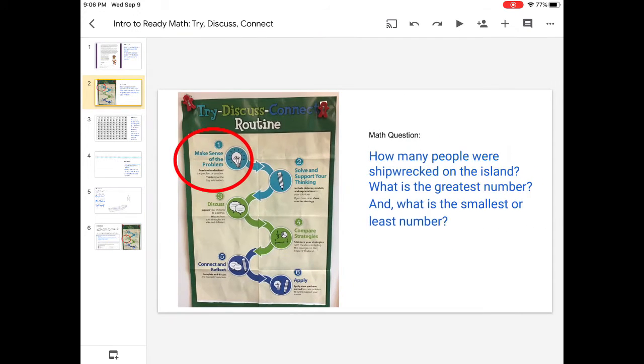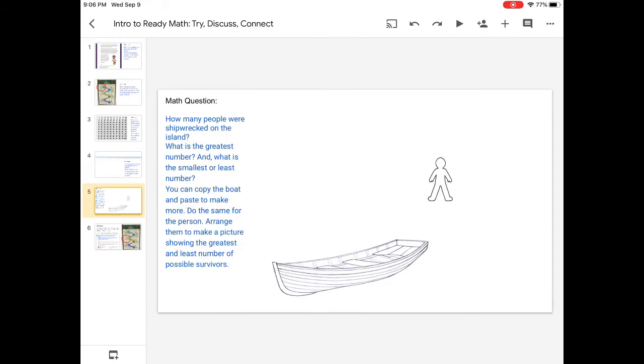One other strategy I really like is drawing. And I have a couple of icons here, or pictures. You've got a boat and you've got this little picture of a person. The way you're going to be using Google Classroom, in order to solve this, I originally thought you could copy and paste the boat and the person.